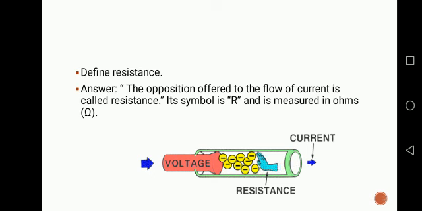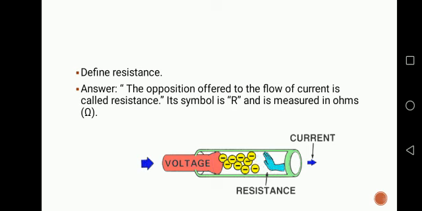It is symbolized as capital R and is measured in ohms. The resistance of a wire increases as it becomes longer and decreases as it becomes wider. So the resistance depends upon the wire length. So this is known as resistance.